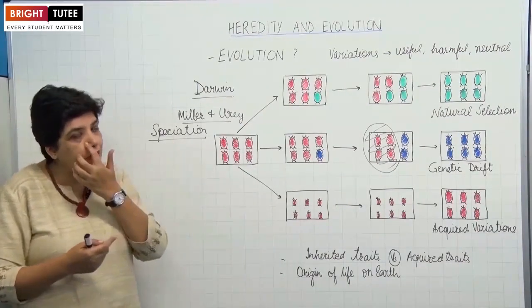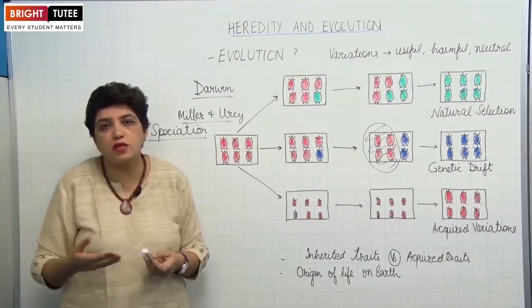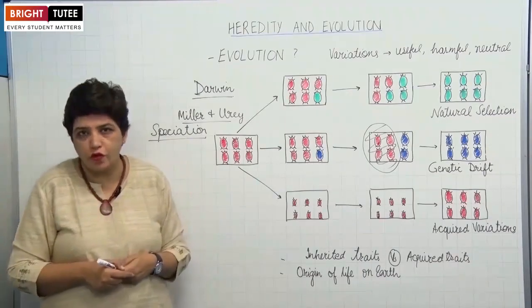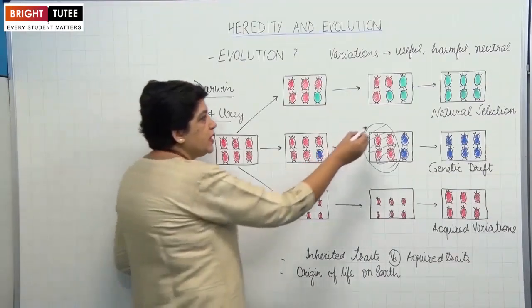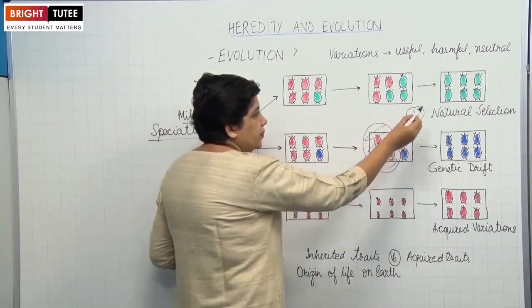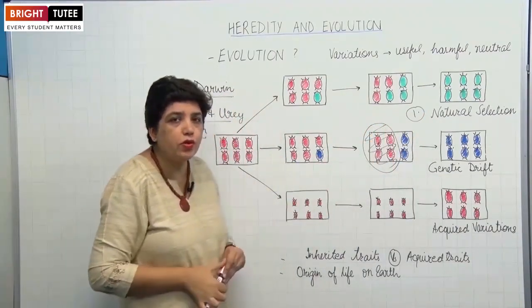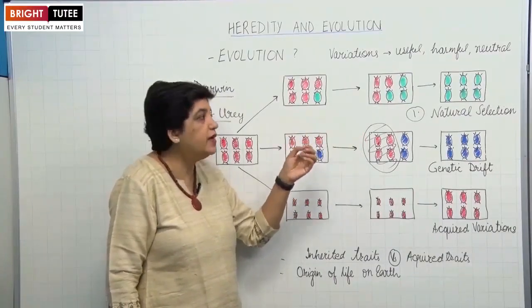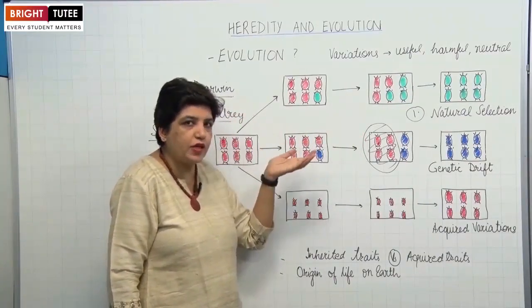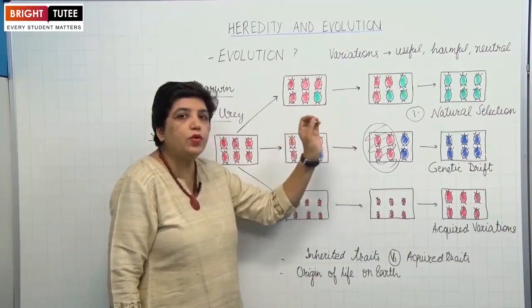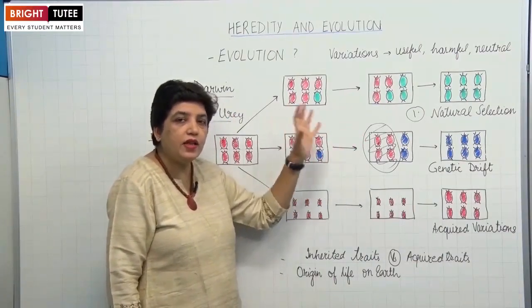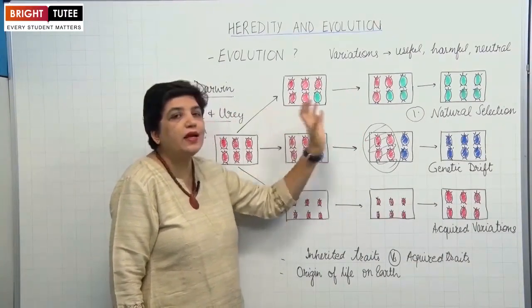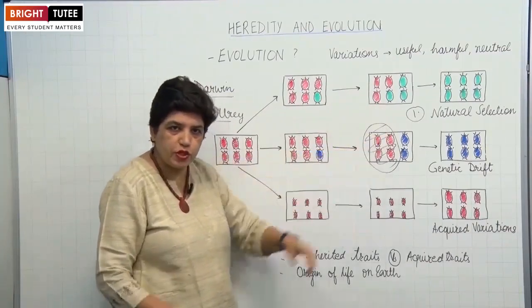Now, Darwin tried to explain various methods through which new species were formed. First one is natural selection. As I just told you, those organisms which had a useful variation were able to adapt to the environment and were selected by nature. That led to formation of new species.